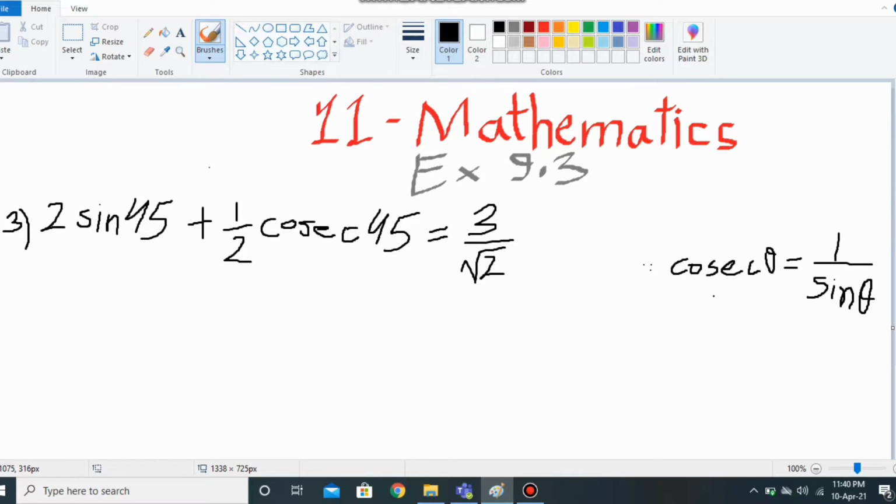I mean it will be equal to 1 over sine of the angle. If it is written cosecant 45, consider 1 over sine 45 in its place.